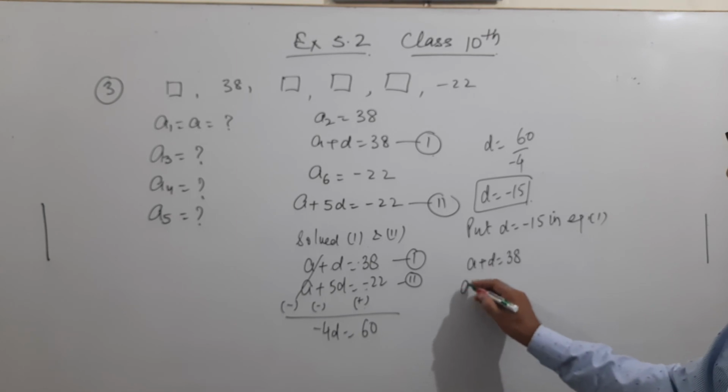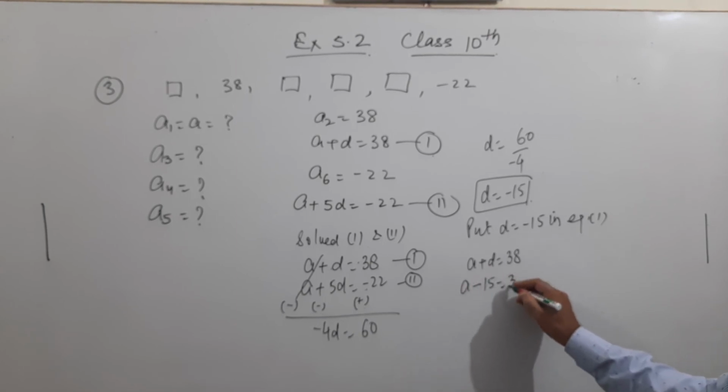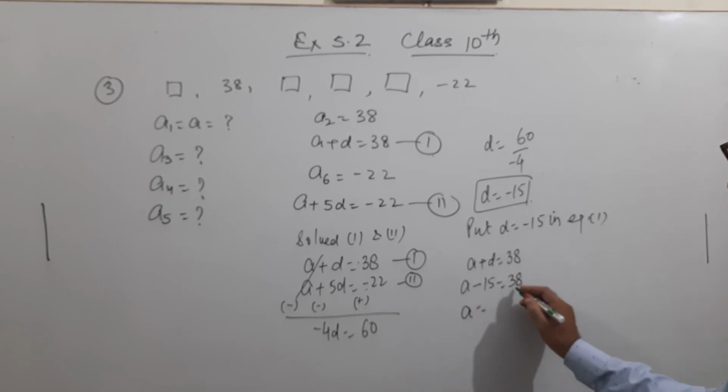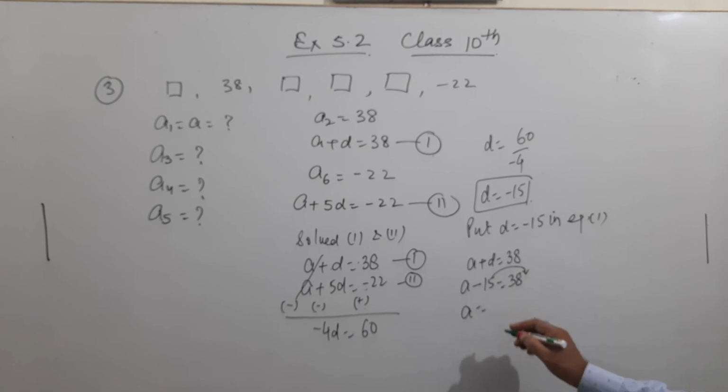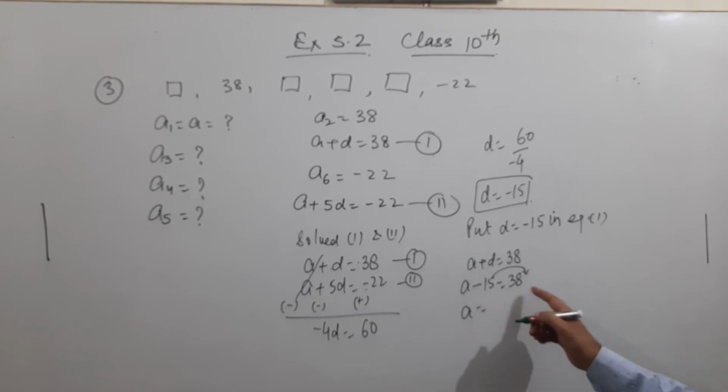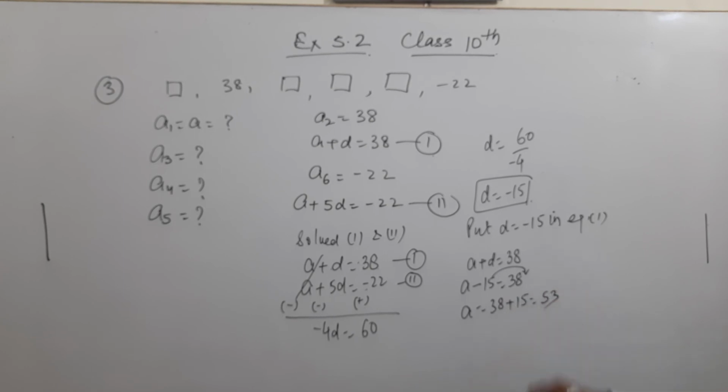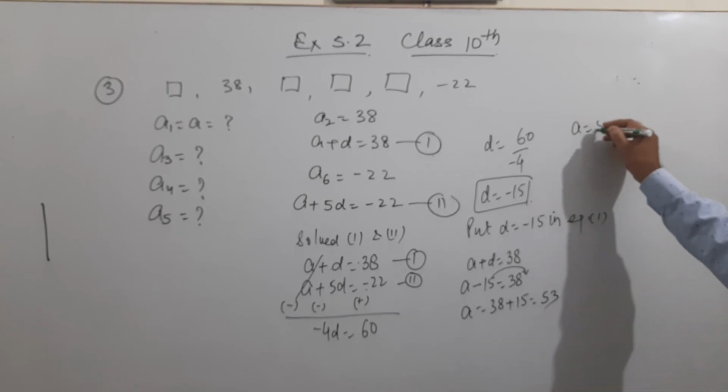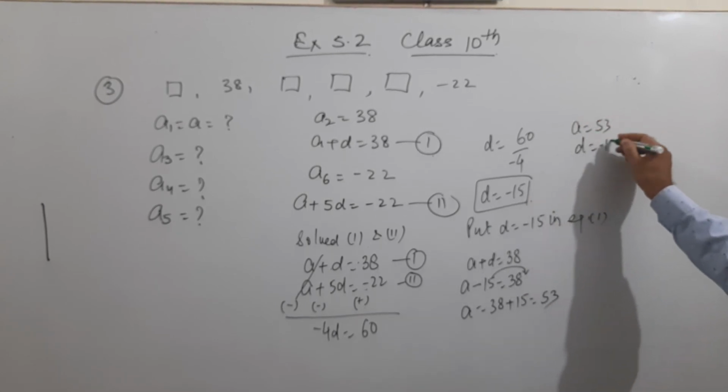A minus 15 is equal to 38, so A is equal to 38 plus 15, moving to the right hand side it becomes plus, which is 53. That means A is equal to 53 and D is equal to minus 15.